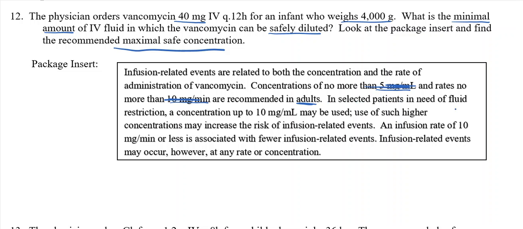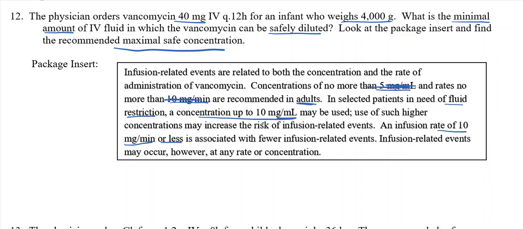In selected patients in need of fluid restrictions, so this is our key, because small patients, infants, 4,000 grams is an infant, a concentration up to 10 milligrams per milliliter may be used. Use of such higher concentrations may increase the risk of infusion-related events. An infusion rate of 10 milligrams per minute or less is associated with fewer infusion-related events. Infusion-related events may occur, however, at any rate or concentration.